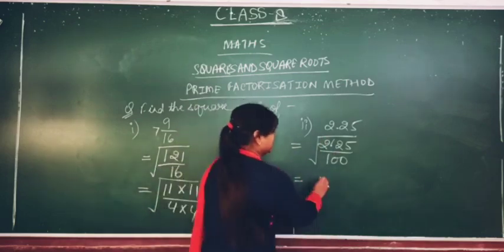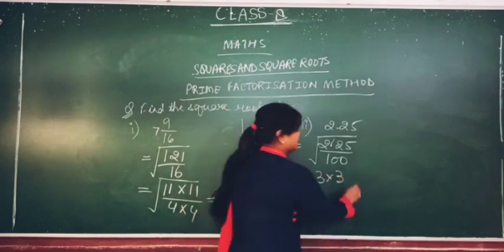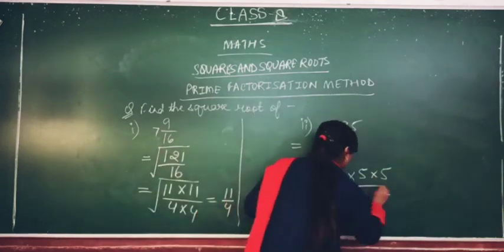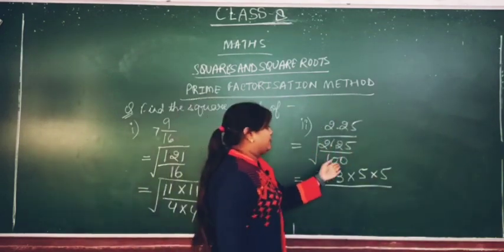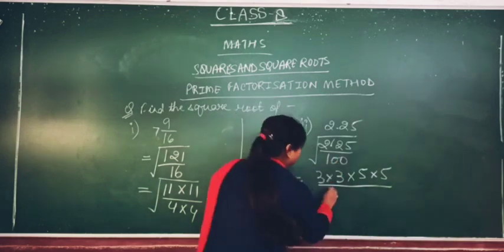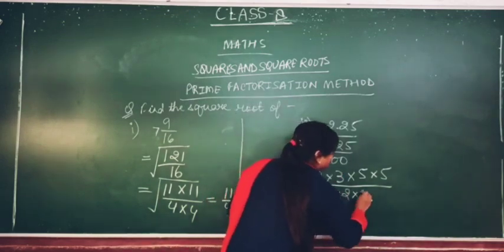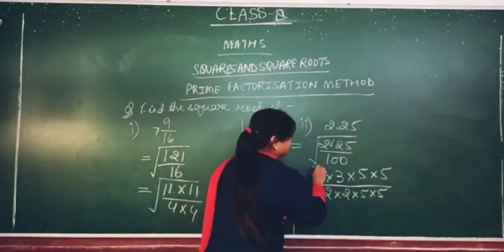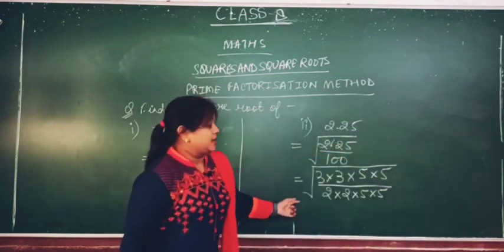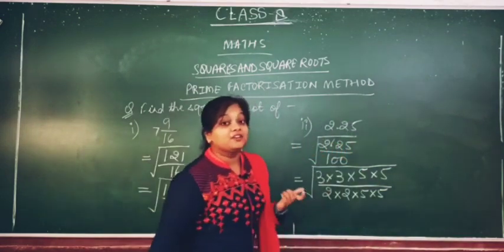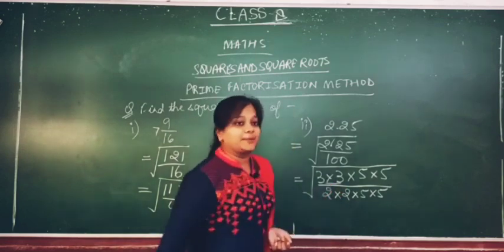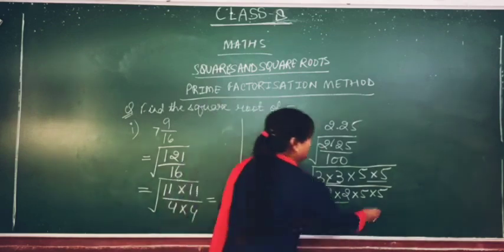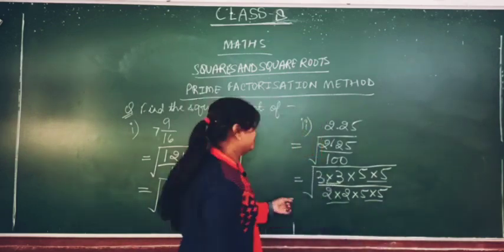225 can be written as 3 into 3 into 5 into 5. And when we'll find the prime factorization of 100, we'll get 2 into 2 into 5 into 5. Now we'll make pair of similar factors. 3 and 3 will make one pair, 5 and 5 will make one pair, 2 and 2 will make one pair, and this 5 and 5 will make one pair.